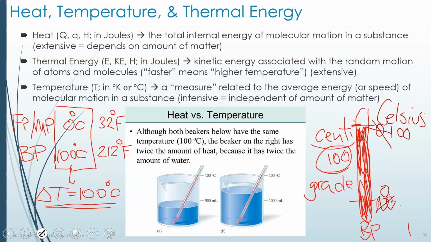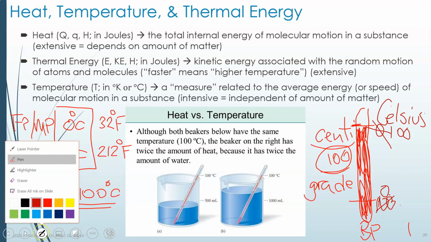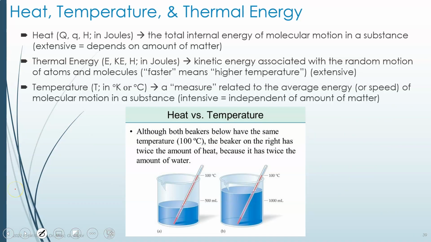So Celsius and centigrade are exactly the same scale, and the temperatures are 0 and 100 degrees for the freezing and boiling point of water. But in any case, you have this container at a certain temperature, and one container has twice as much water as the other. While they have exactly the same temperature, the one on the right contains twice as much heat energy stored in it because there's twice as much water there.